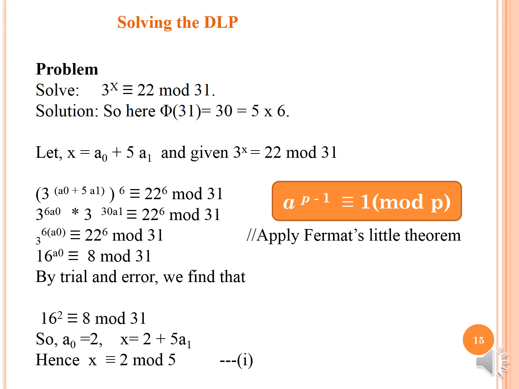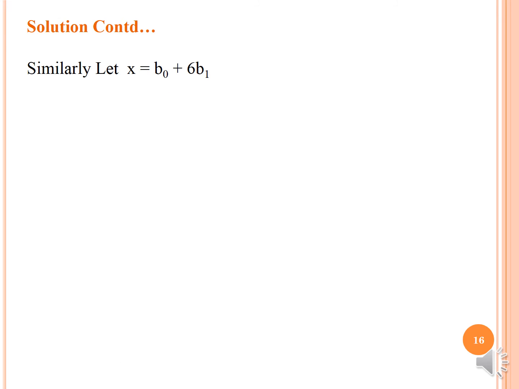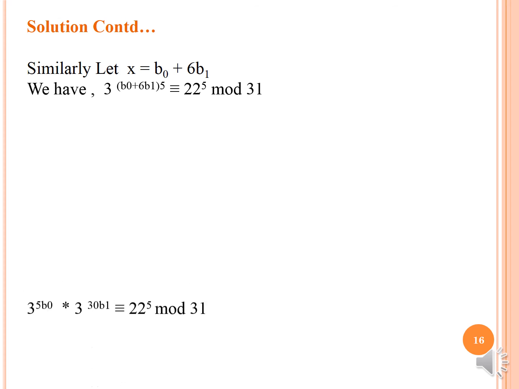So we will find the expression such that x is congruent to 5 mod 2. We will take it as equation number 1. Similarly, take the value of x equal to b0 plus 6b1, and put the value of x into the given equation.